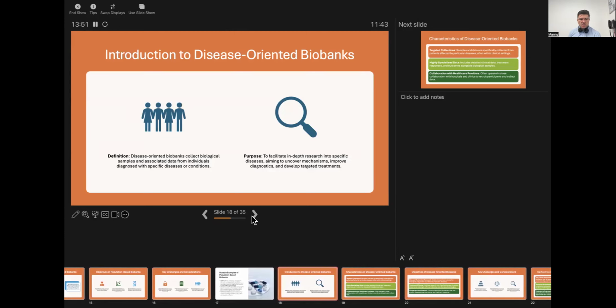Disease-oriented biobanks collect samples from individuals diagnosed with specific diseases or conditions. The purpose is to facilitate in-depth research into specific diseases so that we can uncover mechanisms, improve diagnostics, and develop targeted treatments.